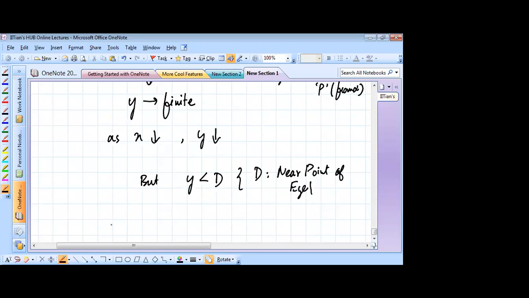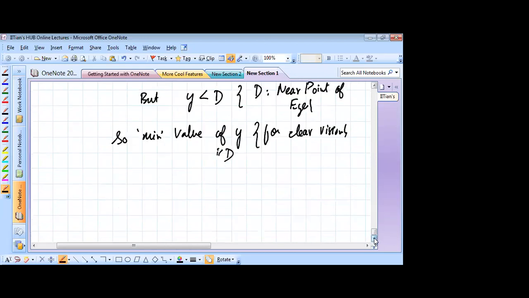So the minimum value of y for clear vision is capital D. Therefore, the minimum value of x is that value for which y is equal to capital D.